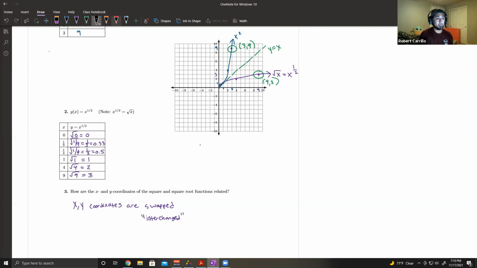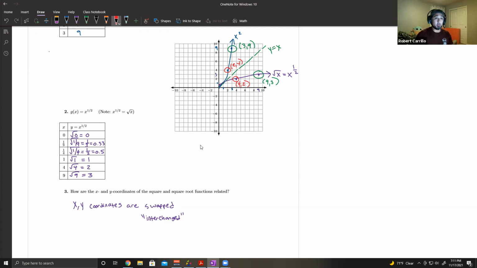So the same could be said for this point. This point is 2, 4. Flip it over that line y equals x. This point is 4, 2. So a couple of things happen with inverses. If they are true inverses of each other, your x and y values switch places.